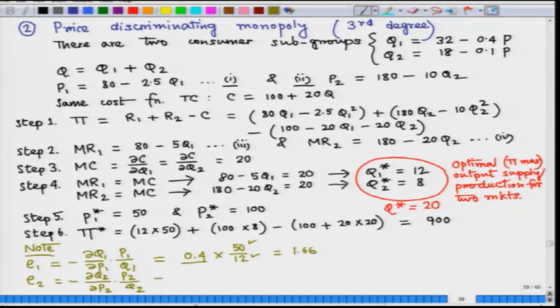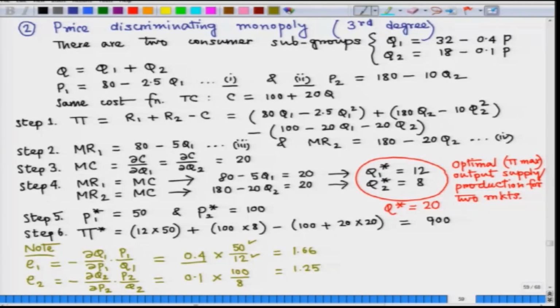Now, let us come to E2, and similarly we take the negative of the slope of the demand function times the optimal price divided by the optimal quantity. And if we compute, this is coming around 1.25.